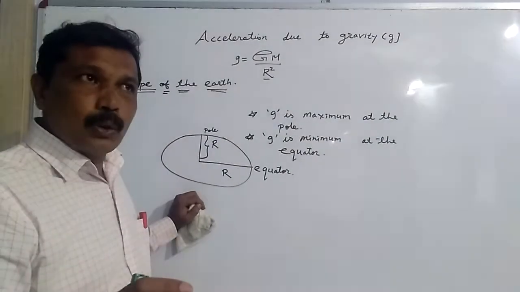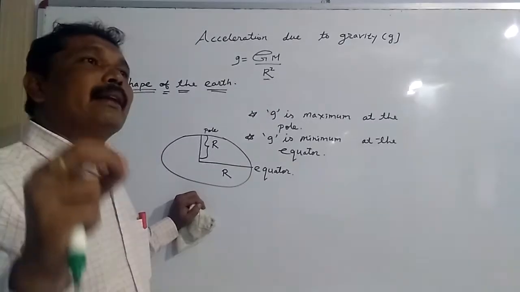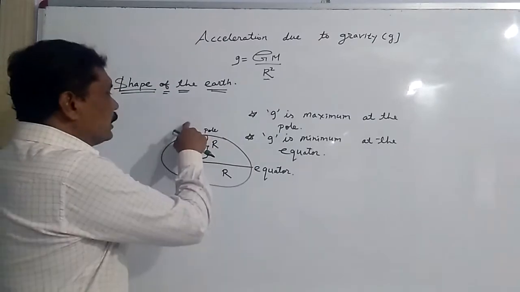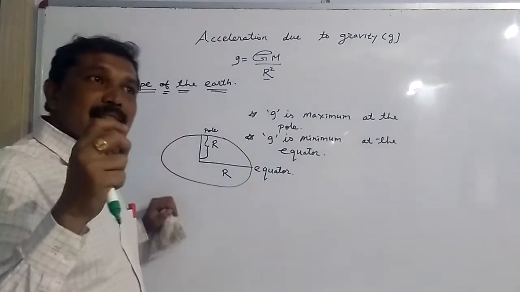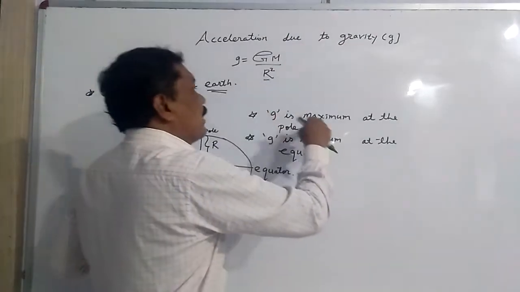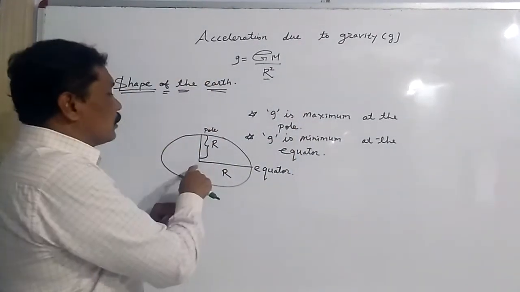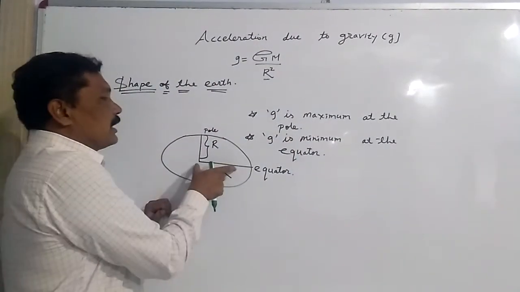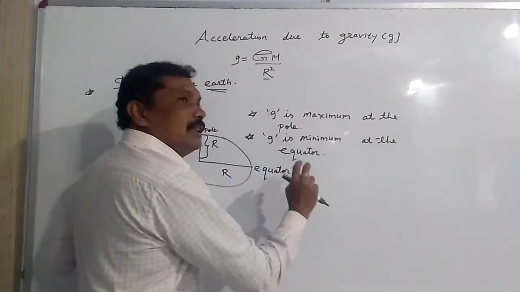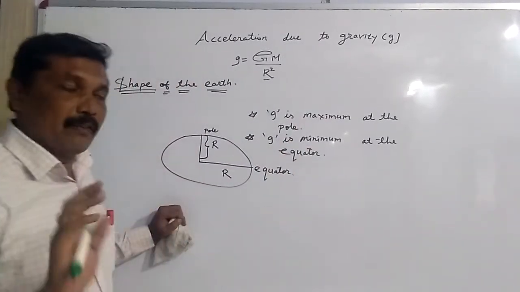The shape of the earth is oval, so the radius is not same everywhere. Towards the pole, the radius is less, and as radius is less, acceleration due to gravity is maximum. Towards the equator, the radius is more, and therefore acceleration due to gravity is minimum at the equator.